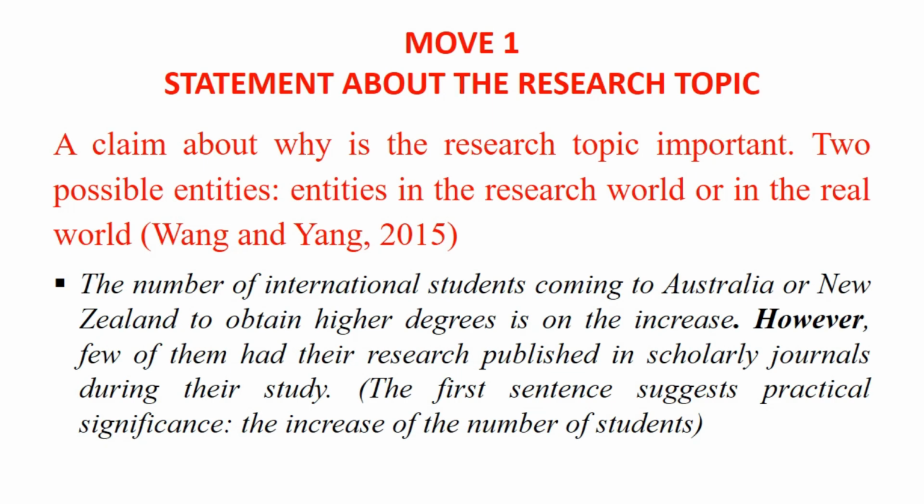We expect that international students who study in Australia or New Zealand can produce research articles published in international journals, but the fact is that many of them do not produce an article which can be published.